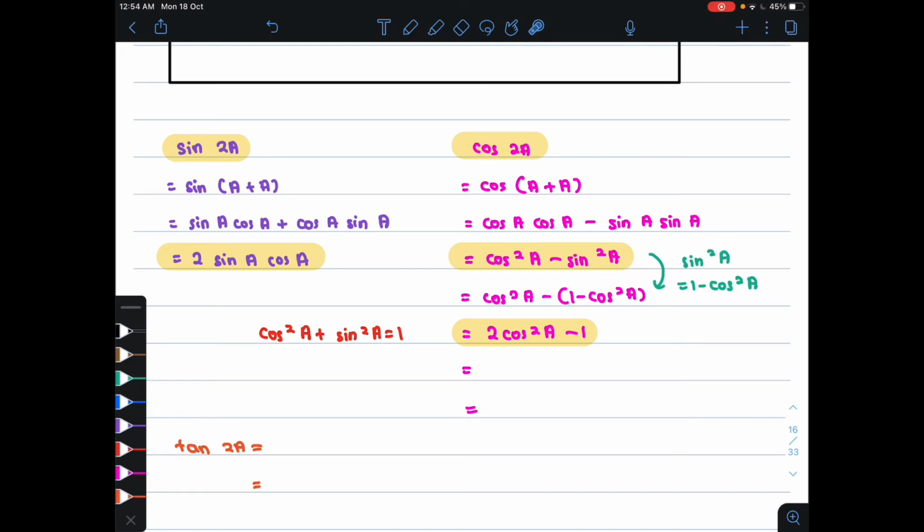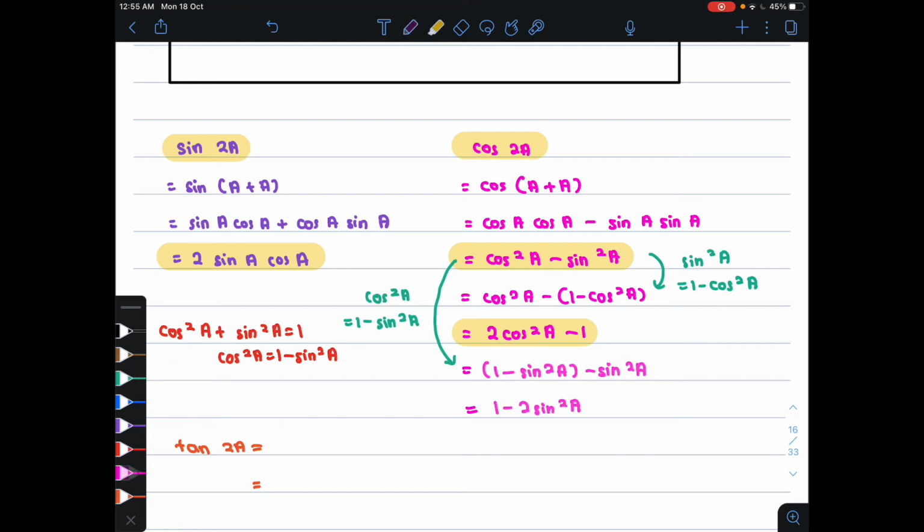So just now you changed sin squared A to become 1 minus cos squared A. Now, what if we change cos squared A instead? So, make cos squared A the subject, and hence, it is actually 1 minus sin squared A. So, change cos squared A to become 1 minus sin squared A, and that will give you 1 minus 2 sin squared A, which is the third formula of cos 2A.